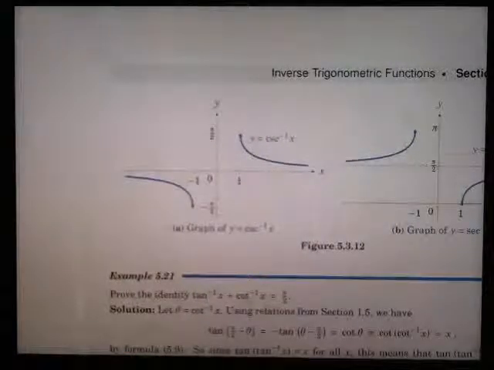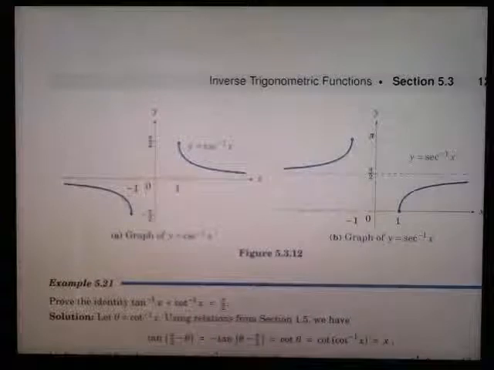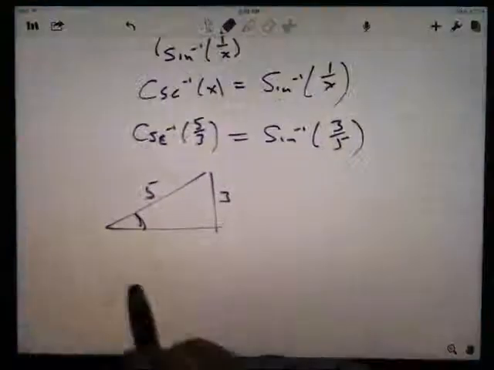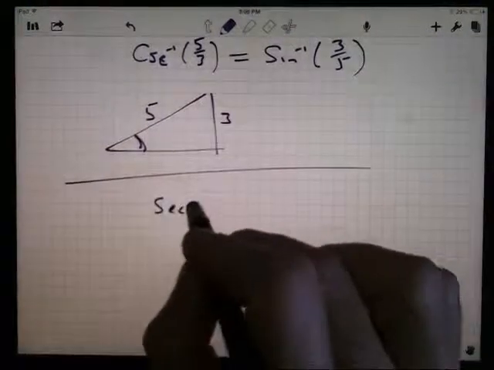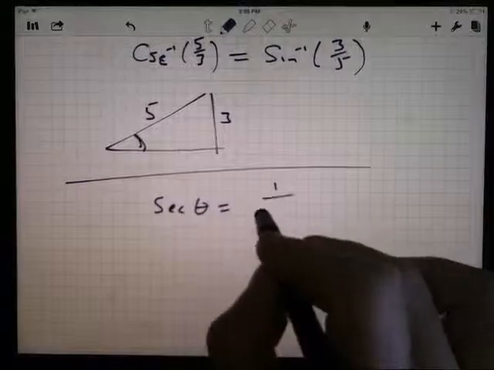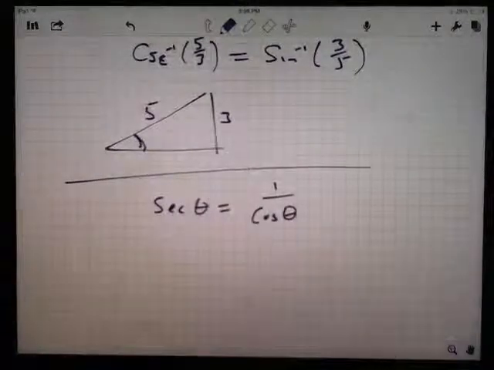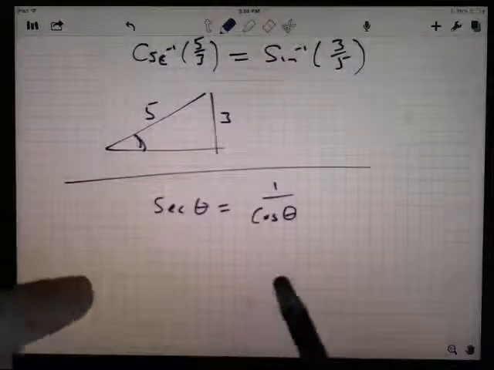Likewise, there's a similar relationship between the secant inverse and the cosine inverse. Switching back to here, the relationship is that the secant of an angle is 1 over the cosine of the angle. Again, this is a relationship between ratios of sides. They're reciprocals. The angles aren't reciprocals.